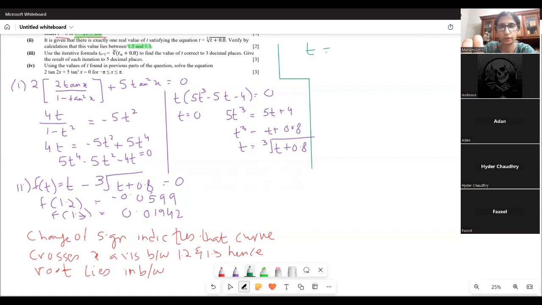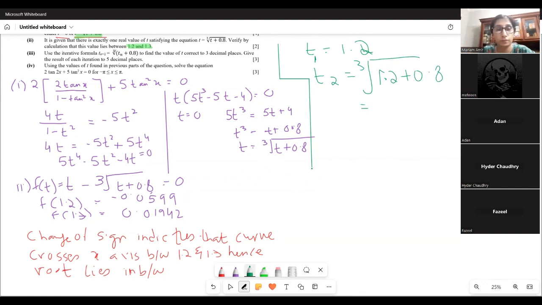Let's say t1 is 1.2. For t2, you have to show working: cube root of 1.2 plus 0.8, which gives, say, 1.2 in the answer key.